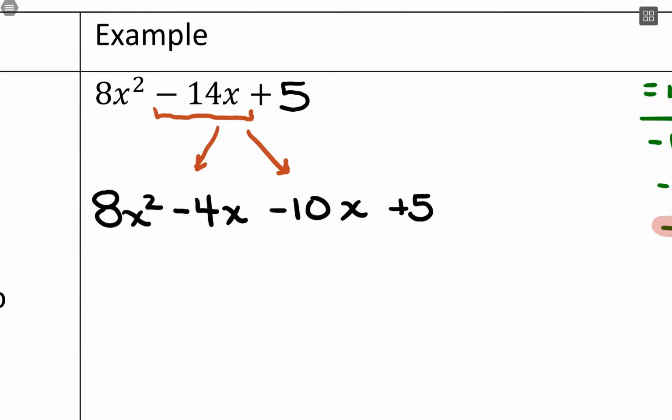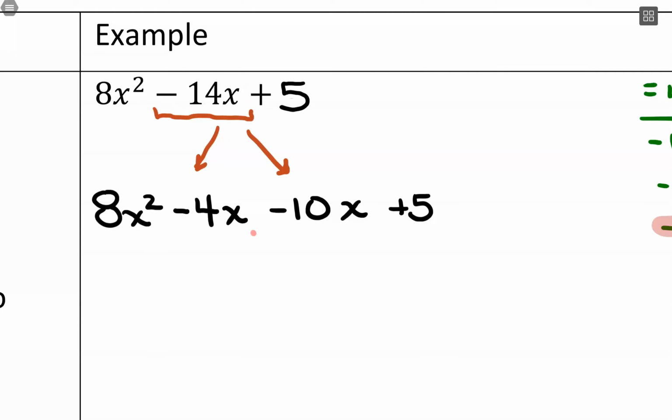So what I have here is a longer expression, but if I combined like terms, -4x minus 10x, it would just combine back to the original expression. So I haven't really changed anything numerically, I've just changed its appearance.